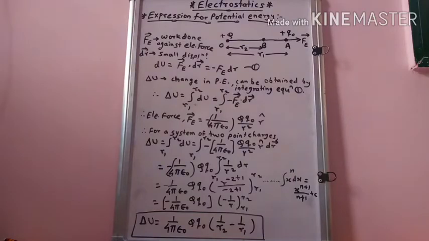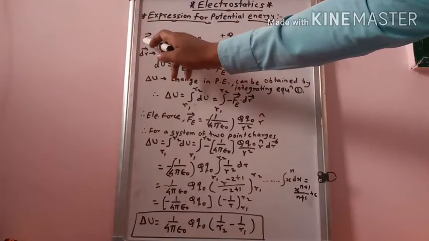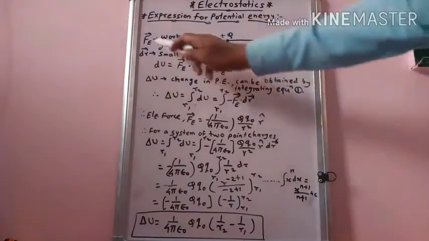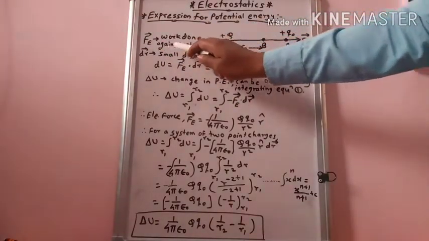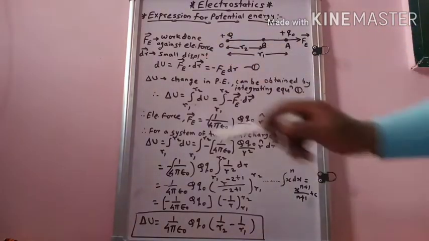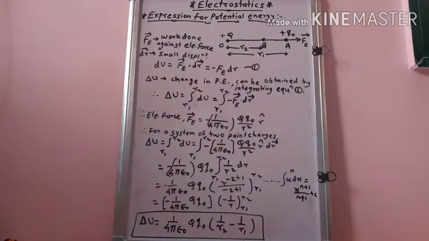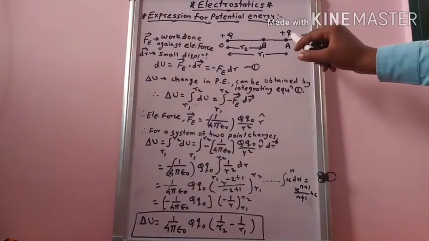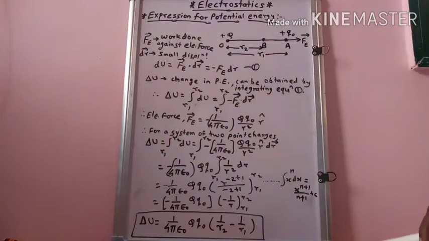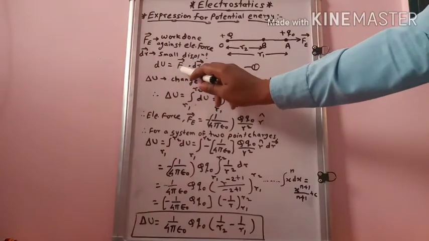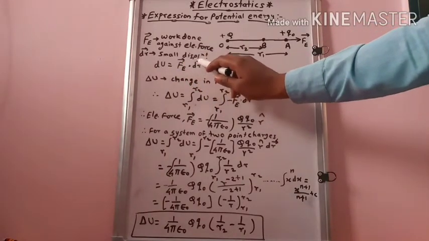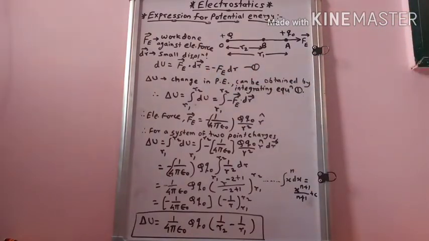The force against the electrostatic force is denoted by F suffix E vector, and the dr vector is the small displacement between points A and B. Then the potential energy of the system is given by dU is equal to F E vector dot dr. This expression was also seen in the previous point, the electrical potential energy.